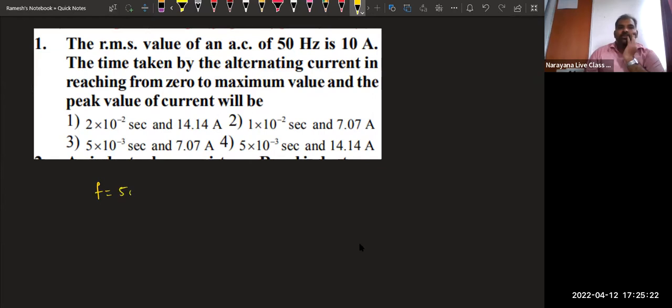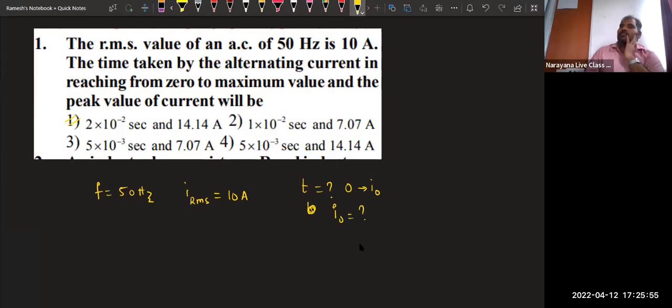Given frequency equals 50 hertz, the RMS value of the current is 10 ampere. Option 1. Any supporters for option 1? It is asking the time taken to reach from 0 ampere current to the maximum value of the current, and it is asking for the peak value of the current also.